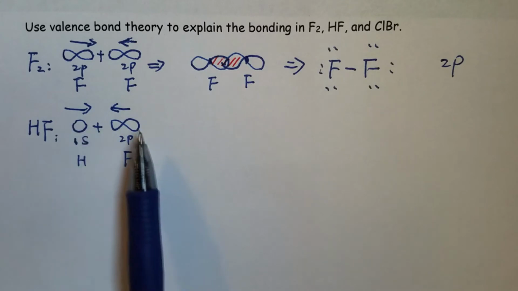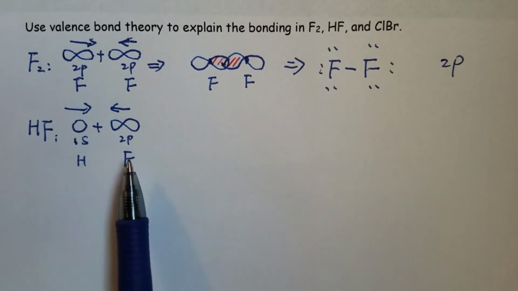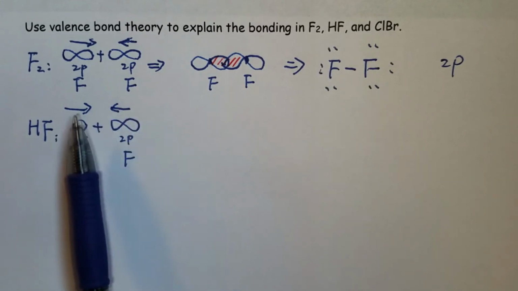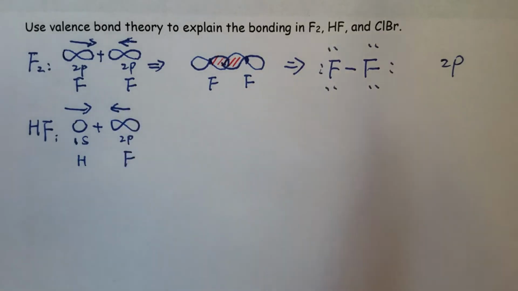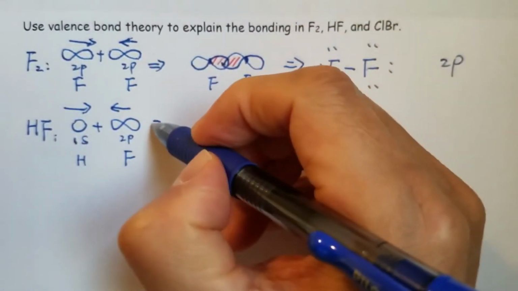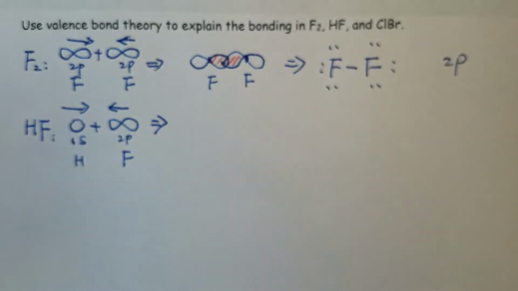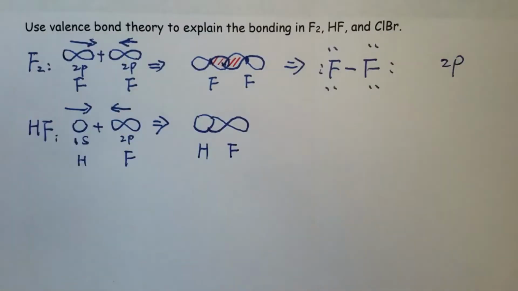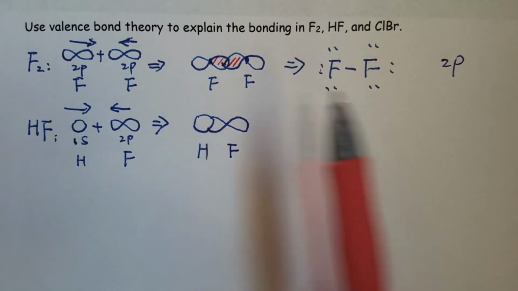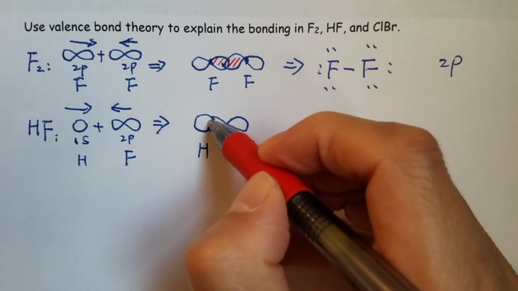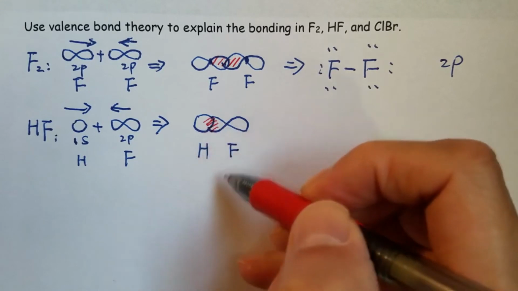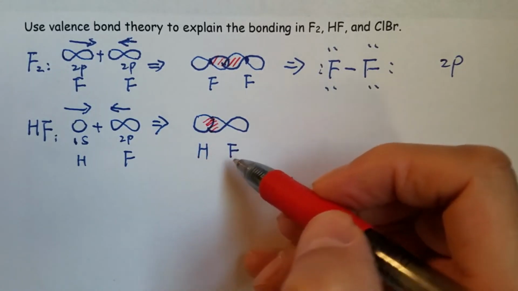When those two atoms, hydrogen and fluorine, approach, you see the s-p overlapping is formed. So now you see this region right here, that's actually the HF bond.